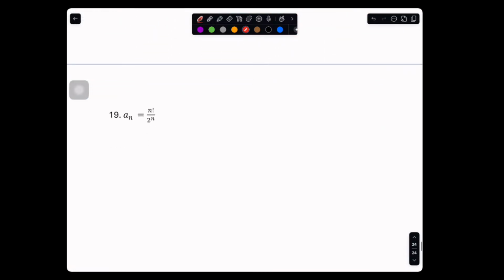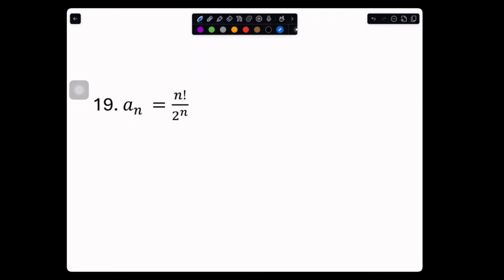Now, similarly here, with n factorial and 2 to the n now, let's write this one down, what this one actually means as well.